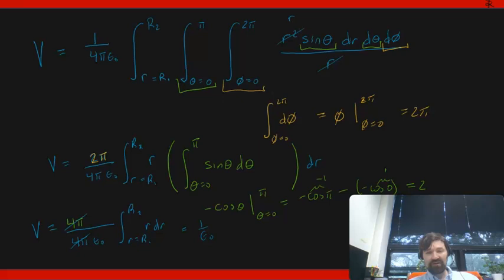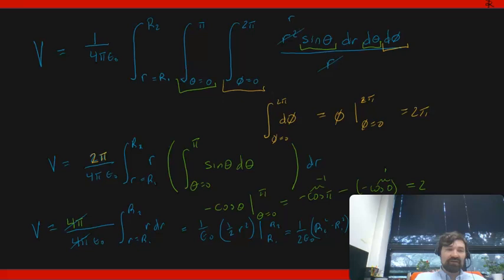Integral of r dr is 1/2 of r squared, evaluated from r1 to r2. And so this ends up being 1 over 2 epsilon naught times r2 squared minus r1 squared.